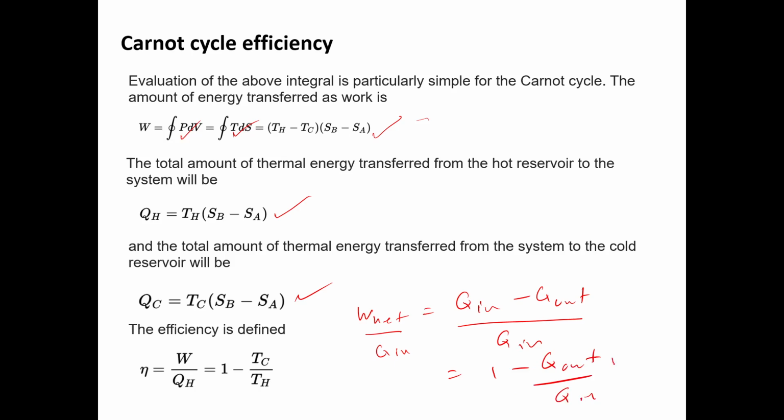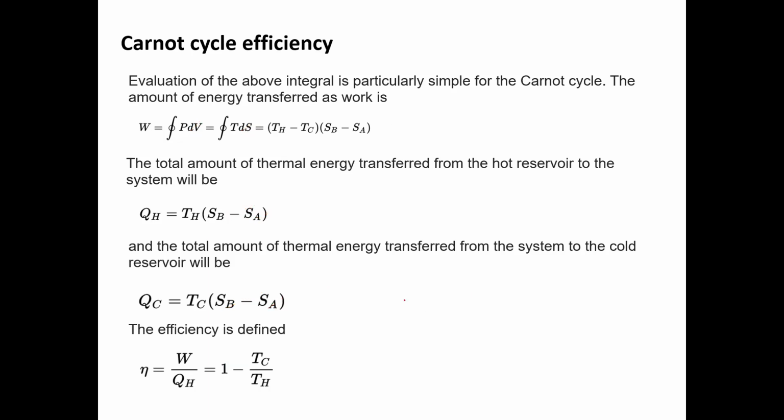For these terms you can substitute from the earlier terms, Q in and Q out. If you substitute, this term goes off and you end up with 1 minus TC over TH. So the efficiency of the Carnot engine is equal to 1 minus the low temperature divided by the high temperature. Okay, that is the eta.